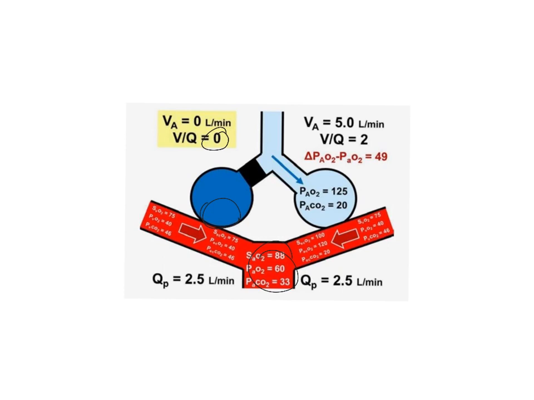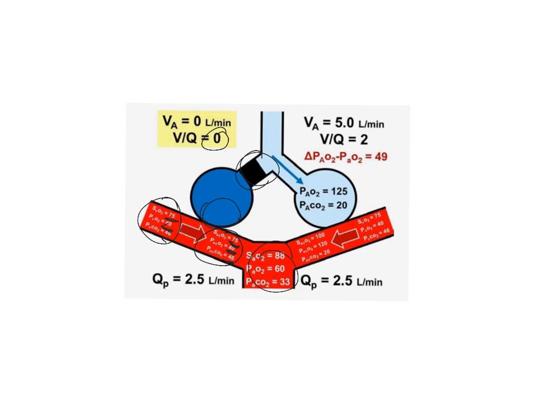So if you look over here, here is the shunt, which is why you can see that the oxygen has not increased. It stays the same, 75 over here and 75 over here, 40 over here, 40 over here, and the CO2 also remains the same.